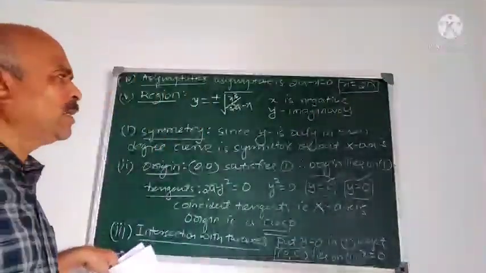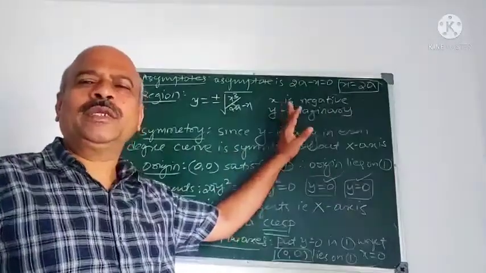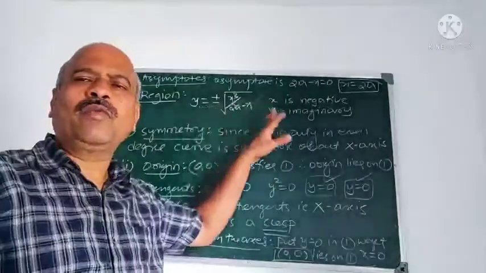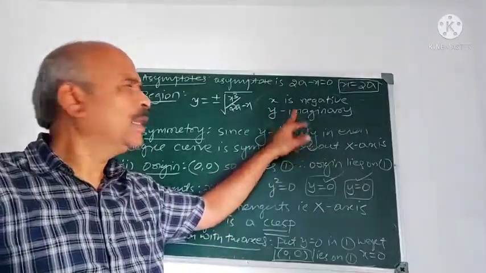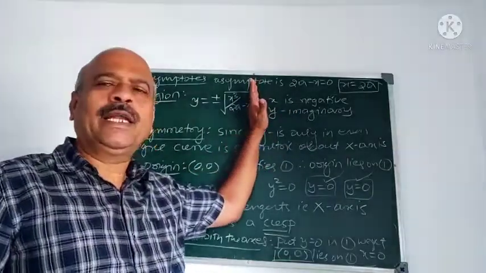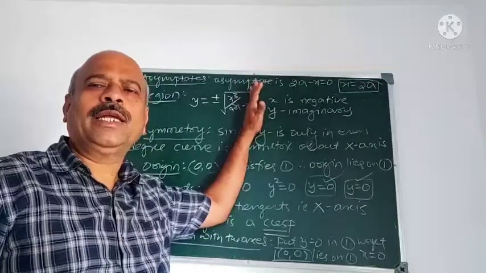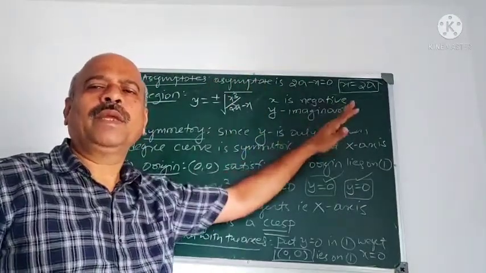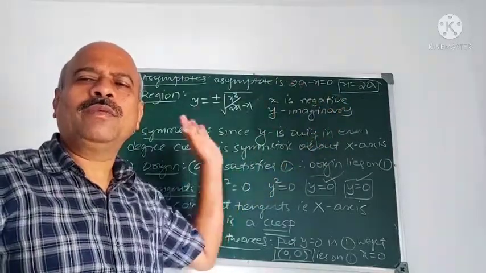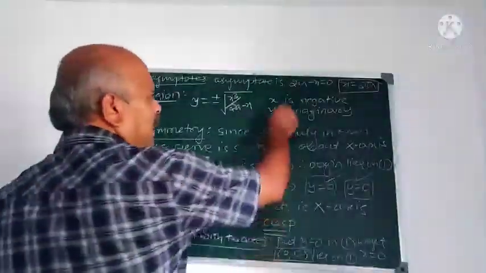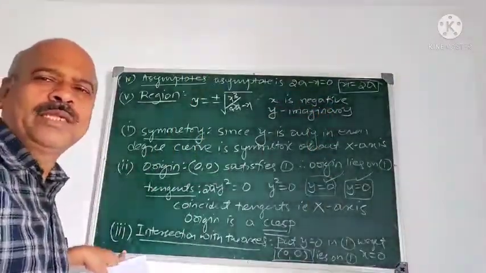If x is negative, meaning x lies to the left of the y axis, y doesn't exist. It becomes imaginary. Therefore, the curve lies entirely to the right of the y axis, and no part of the curve lies to the left of the y axis. That is the meaning: when x is negative, y becomes imaginary, so for negative values of x, y is not defined.